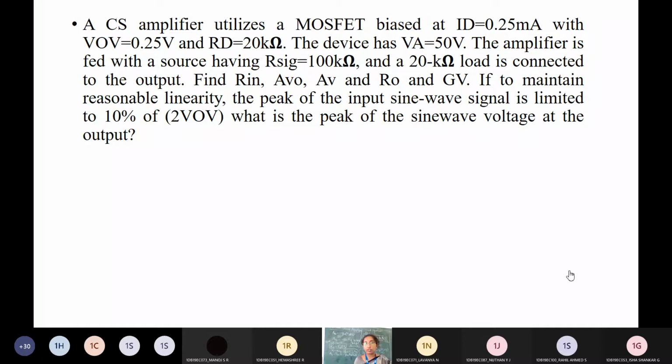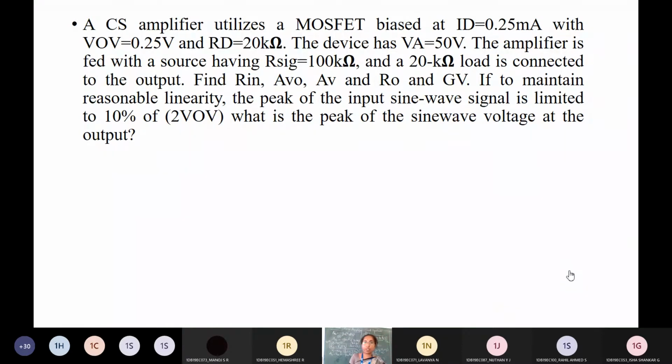AV, GV both are the same, but you should know that overall voltage gain and voltage gain are equal. Next, to maintain reasonable linearity, the peak of the input sine wave signal is limited to 10% of twice of VOV. Just now I told you Vi should be much lesser than 2 times VOV.